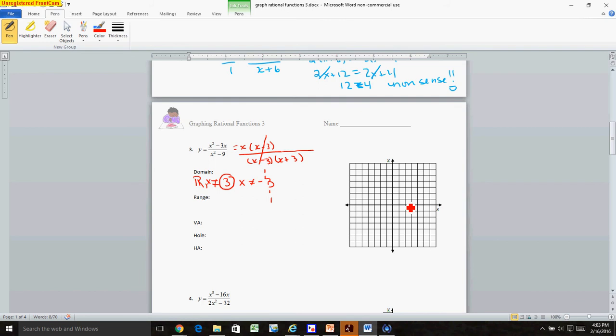So I'm going to go and draw at negative 3 my vertical asymptote. The hole, I have to take the 3 and plug it into this simplified version. So that would be 3 over 3 plus 3, which is 6, so that's a half.